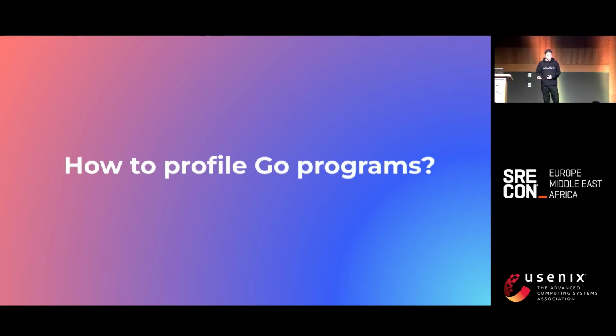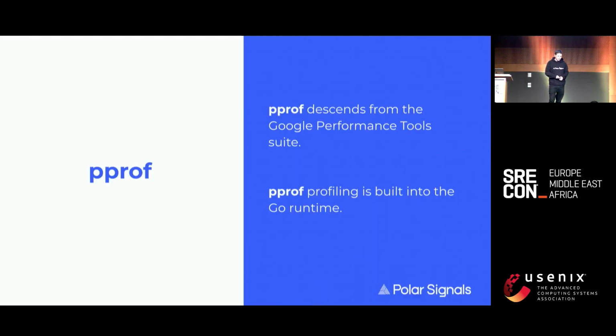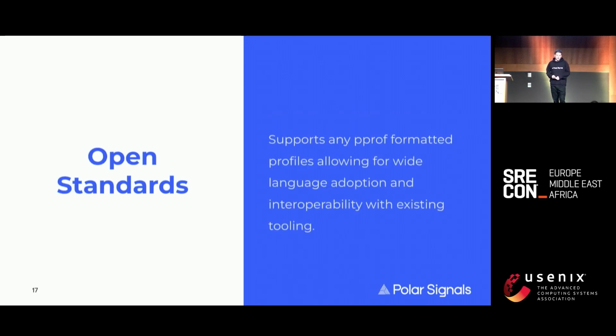Just as an example, because Go is so nice when it comes to profiling, we'll talk about Go, but we are also going to dive into different programming languages later. Go comes with a super nice tool called pprof, which comes from the Google Performance Tool Suite, and it's already built into the Go runtime. You can do a few things, and you get pprof into your applications, and you can start profiling them. The nice thing about pprof is that it's an open standard and interoperable.